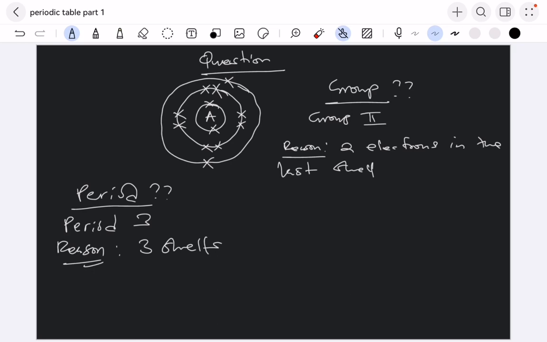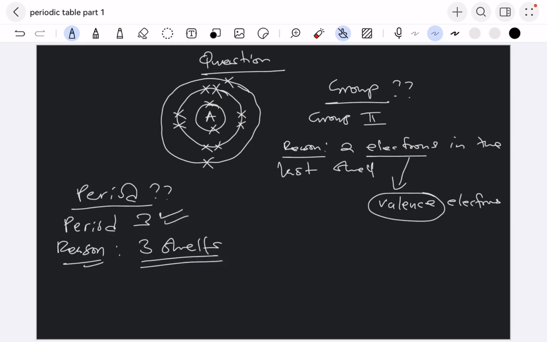So that is how we can identify a given element. If they're asking you about the group, just count the number of electrons in the last shell, which are also known as the valence electrons. Then in terms of period, you just count the number of shells.